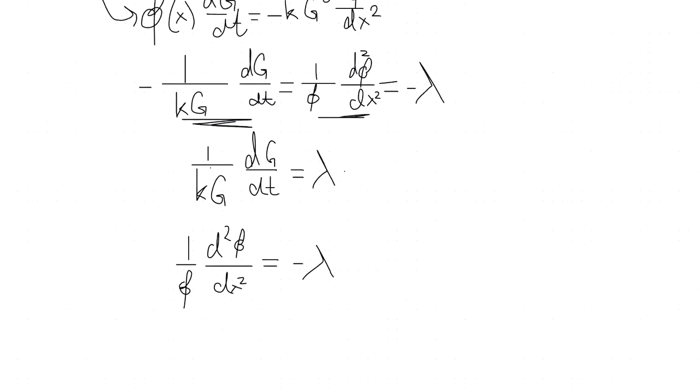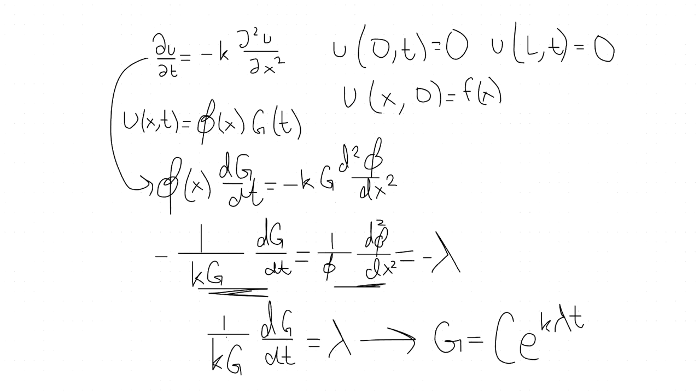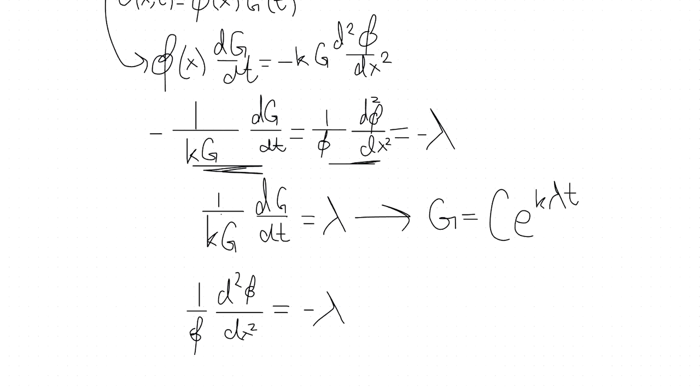So solving this equation is pretty trivial. If you've done this differential equation before, you'll know that the solution ends up coming out to g is equal to C times e to the minus k lambda t.